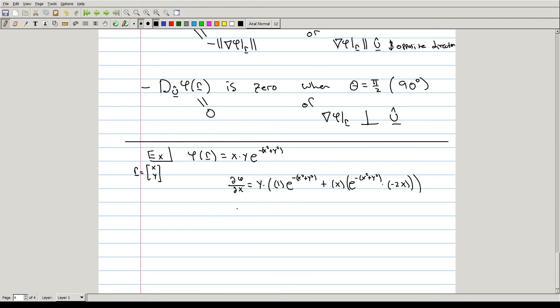Or simplified, d phi dx is going to be y times e to the negative x squared plus y squared times 1 minus 2x squared.